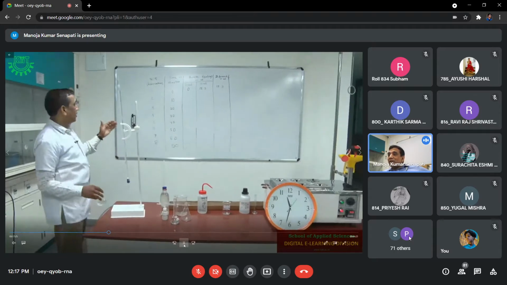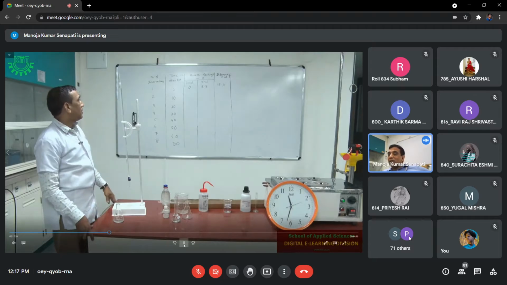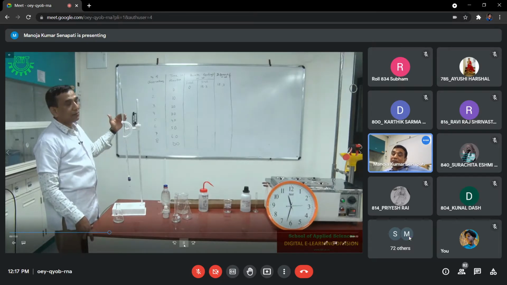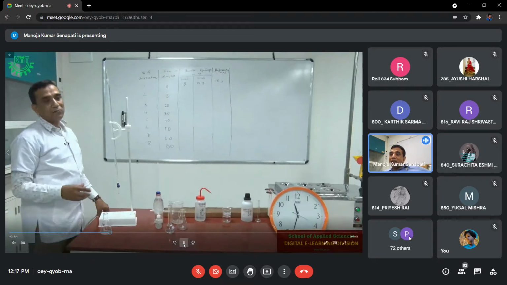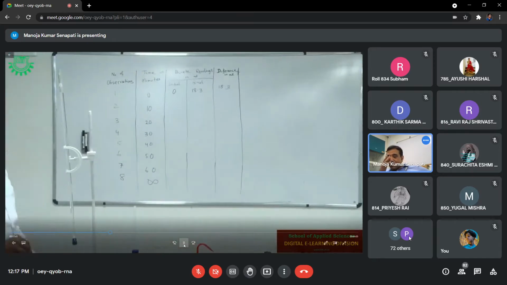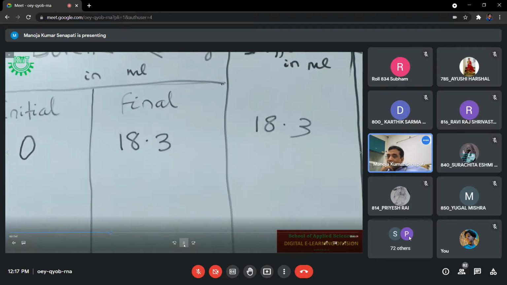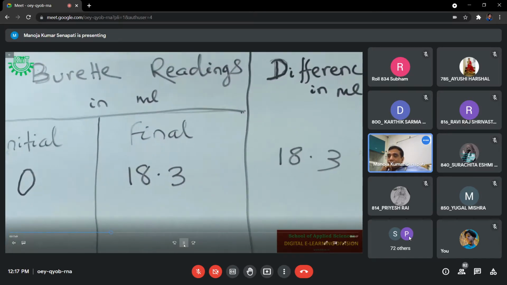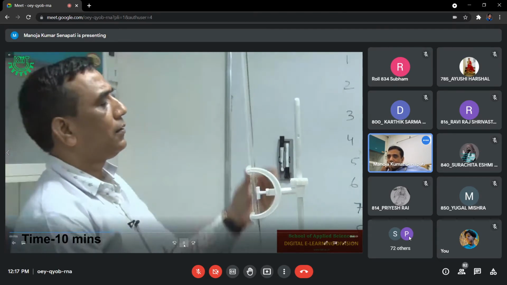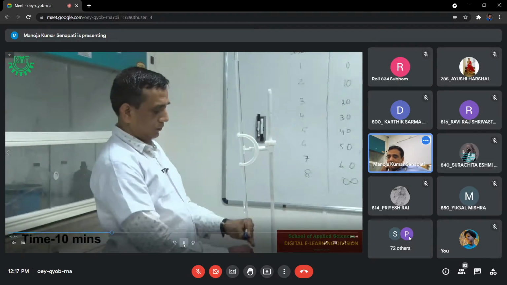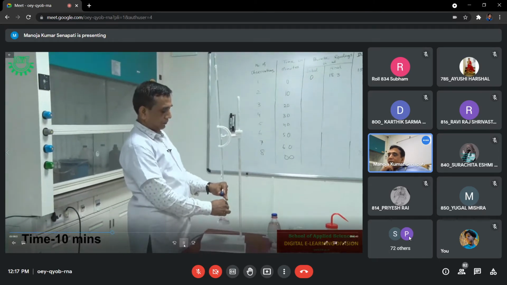As your first observation is 18.3, you go on adding 18.3 directly, because your reading must be more than that. Here also you are starting the initial burette reading from 0. I am adding directly 18.3.